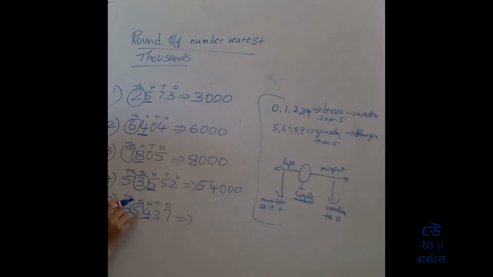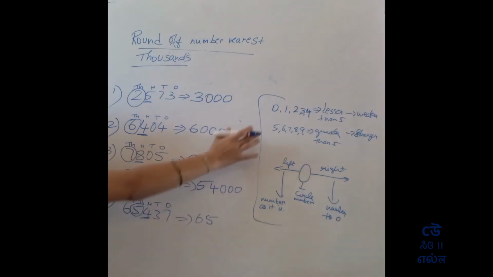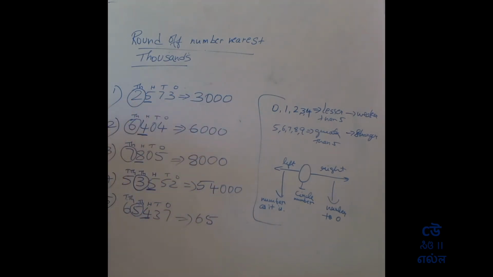So the thousands place number will be as it is. If it is a weaker number, we have to write the number as it is. If it is a stronger number, we will be increasing the number. So the right side of that circle number we have to consider as 0.